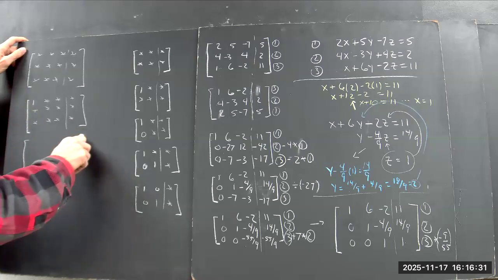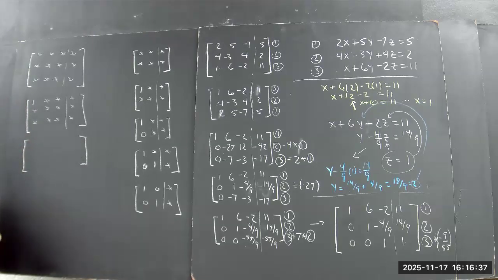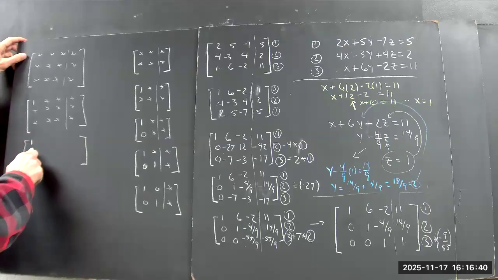Now, having gotten our 1 here, we can add multiples of this row to this row and this row, different multiples in most cases, to get zeros.